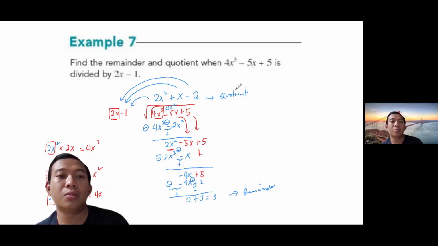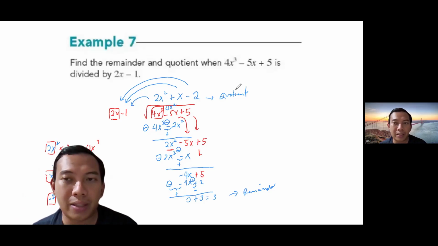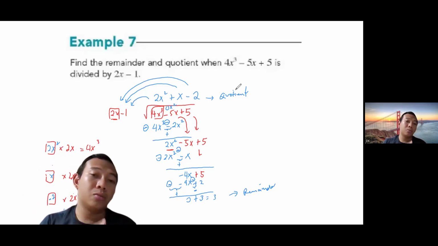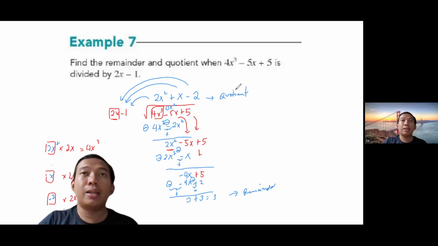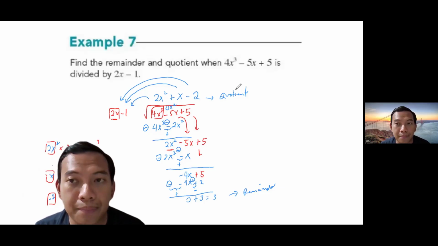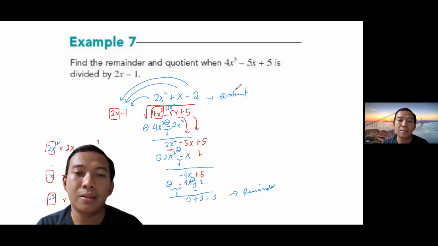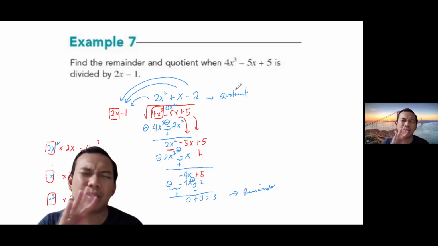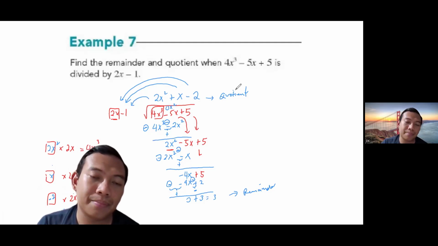If you are very, very good in this, you can actually use it for factor theorem. Later in factor theorem, I will show you two ways. One of them is by using long division, and another one is another method which I will be introducing. For factor and remainder theorem, you can use the same method, long division, but only for factor theorem can you use another.